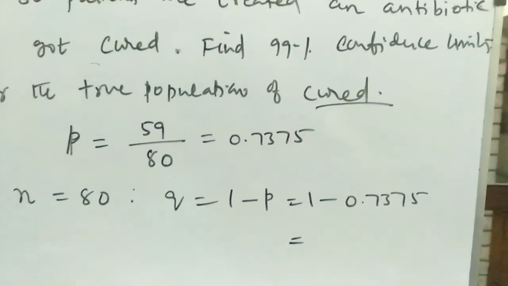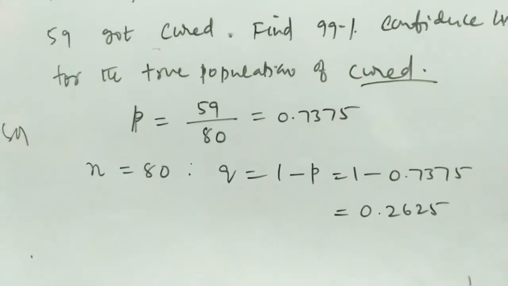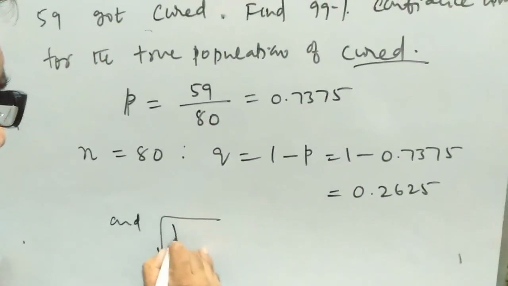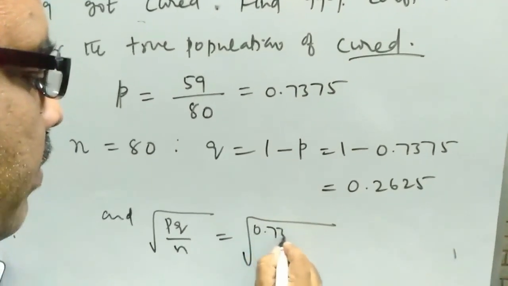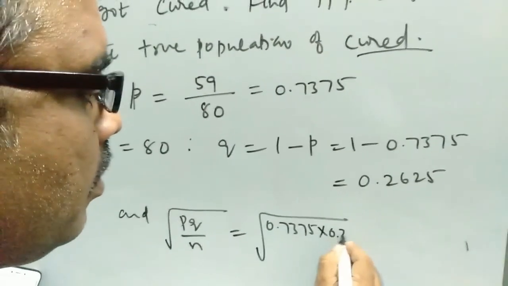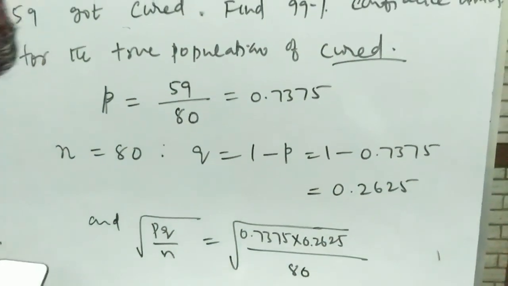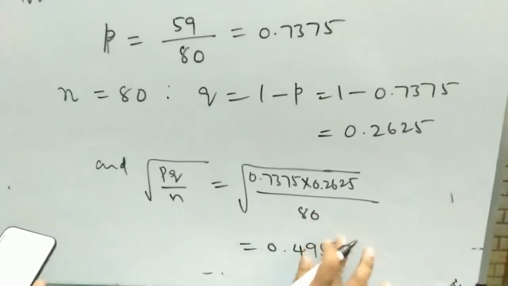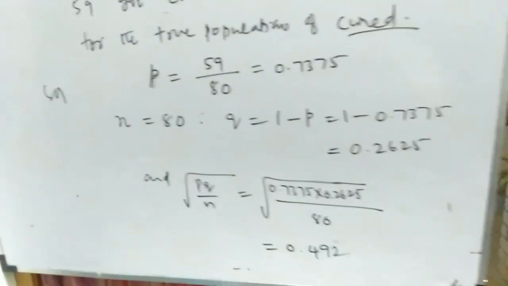That value is equal to 0.2625. Small q is 0.2625. And here I calculate the square root of pq by n, that is 0.7375 into 0.2625 by n equal to 80, and that value as calculated you get 0.492. So you can use the calculator to get the value.